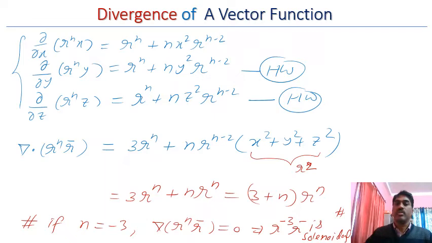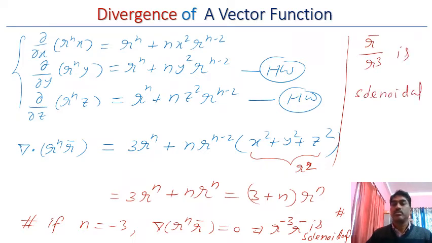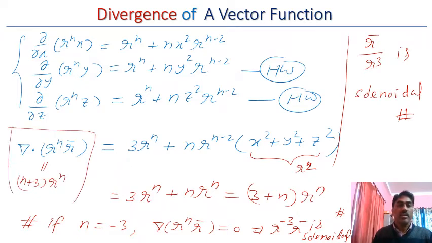So you can say r by r cube is solenoidal. Keep this in mind, and also remember this formula: it is equal to (n plus 3) r^n. We will use this in the next question.